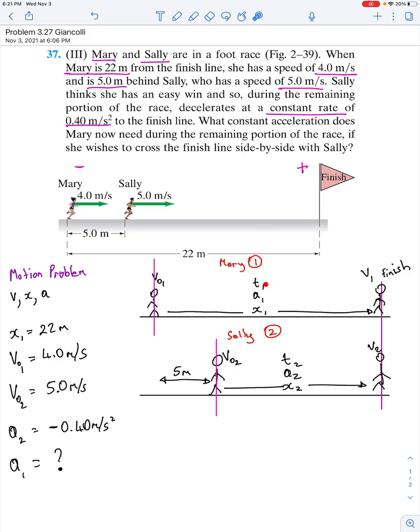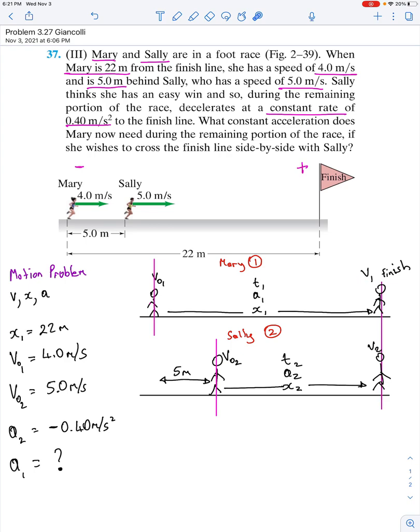Cool. t1 represents the time that Mary took from when she was 5 meters behind Sally to when she caught Sally. a1 represents the acceleration during that period. x1 represents the distance Mary traveled from when she was 5 meters behind Sally to when she caught Sally. v1 represents the speed that Mary's going at when she caught Sally. Dope. So you have to remember what that means. If you can't remember, just write it down.